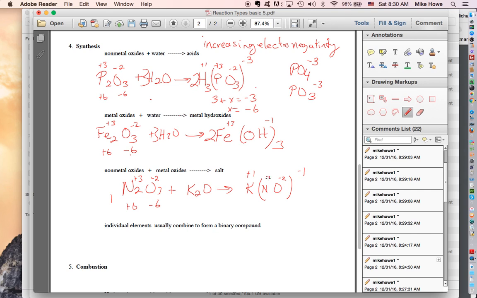Okay, this is 3. So 3 plus X equals -1. So what's X going to be? It's -4. So how many O's does it take to make -4? So you're going to put a 2 down here.